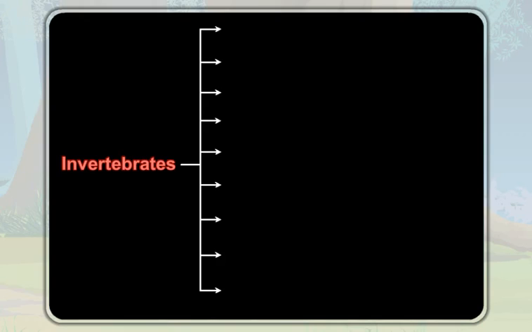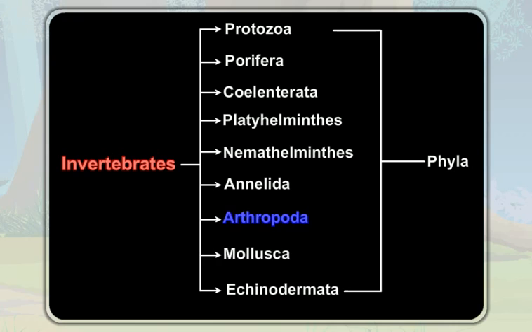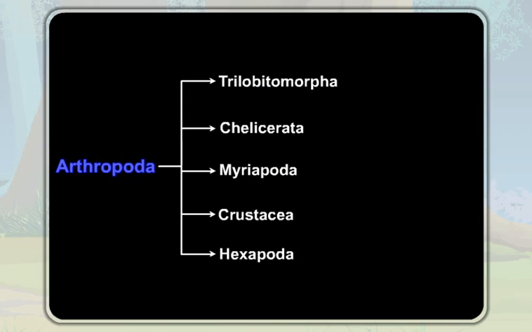You all know that invertebrates are divided into 9 groups, and the groups are called phyla. Arthropoda is one of the phyla of the invertebrates. The phylum Arthropoda is also divided into smaller groups.